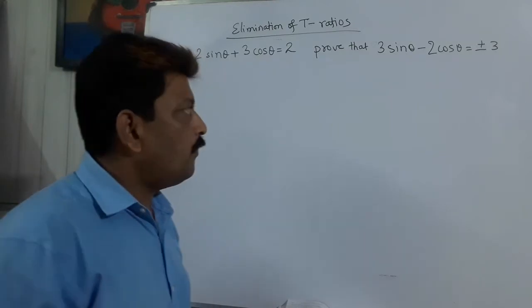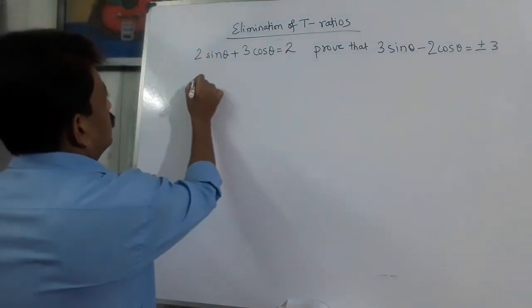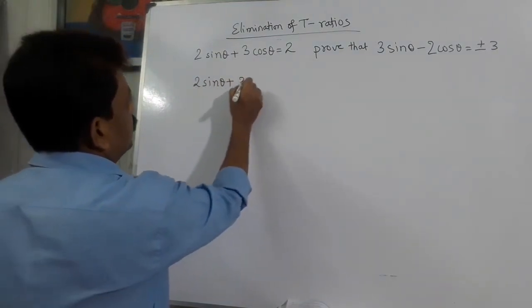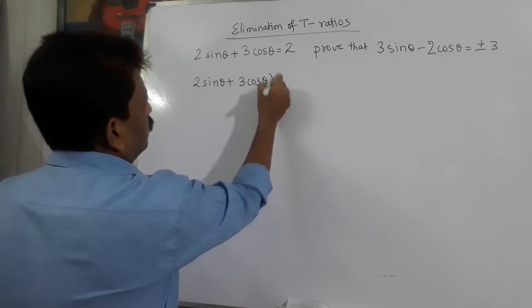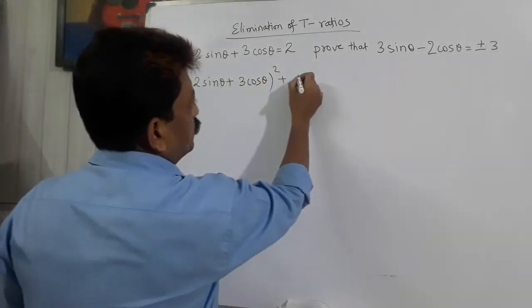So first of all let me write the given part, 2 sin theta plus 3 cos theta. Let me square this one and also square the question part.